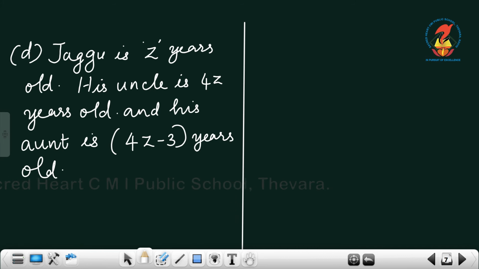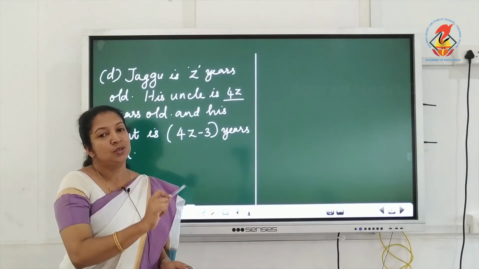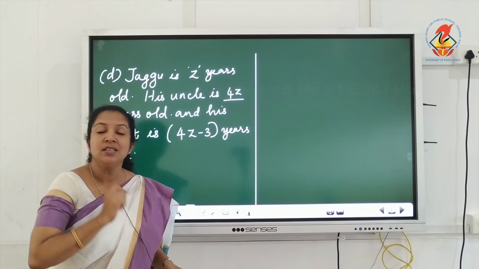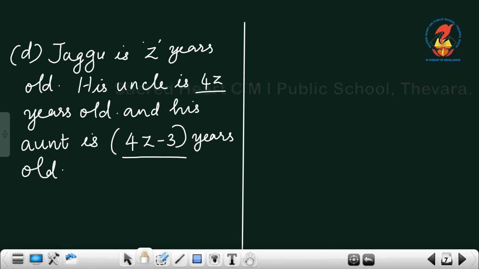Then, next question. Jaggu is Z years old. His uncle is 4Z years old and his aunt is 4Z minus 3 years old. Z years is Jaggu's age. How can you write the uncle's age? Uncle's age is 4 times Jaggu's age. Aunt's age is given as 4Z minus 3.